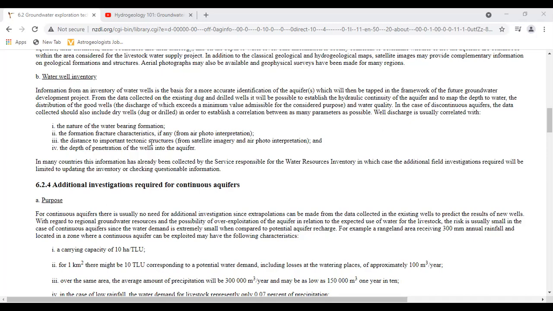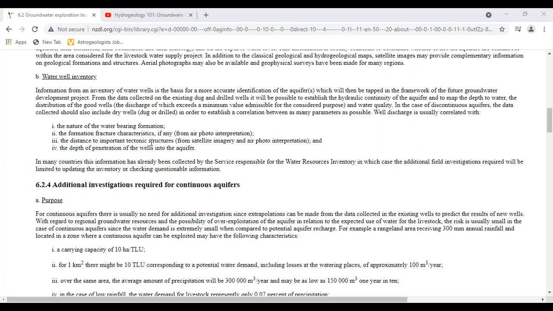Well discharge is usually correlated with the nature of the water bearing formation, the formation fracture characteristics, if any, from air photo interpretation, the distance to important tectonic structures from satellite imagery and air photo interpretation, and the depth of penetration of wells into the aquifer.